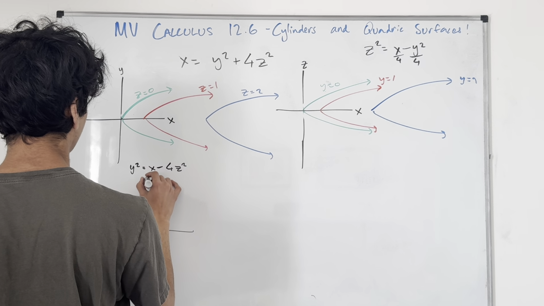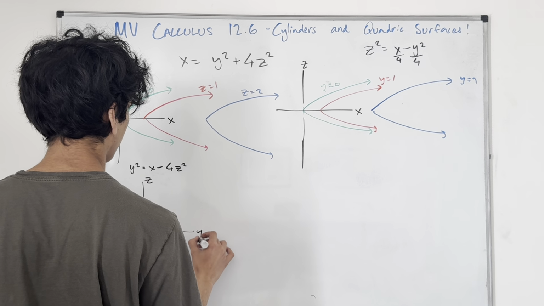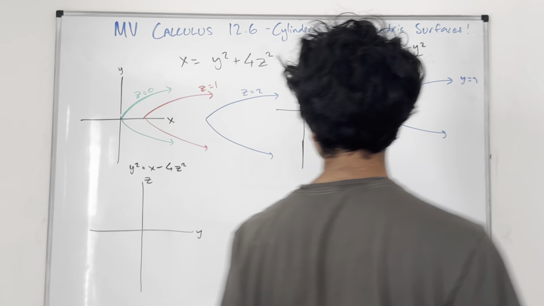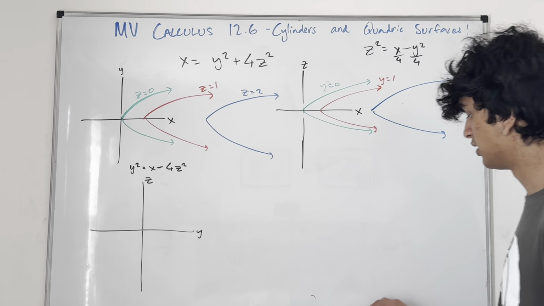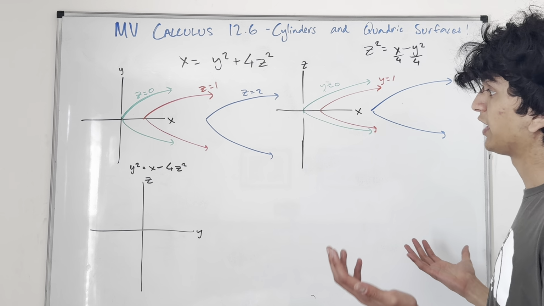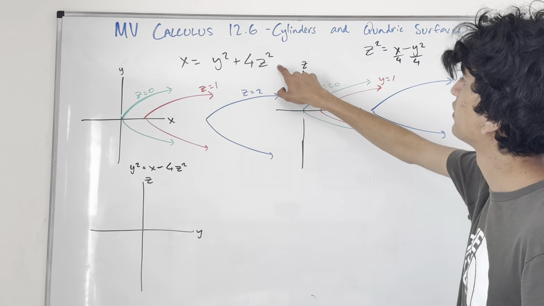So now for the last trace, we're just going to look at the XY plane. This is probably the simplest because now this becomes an ellipse.